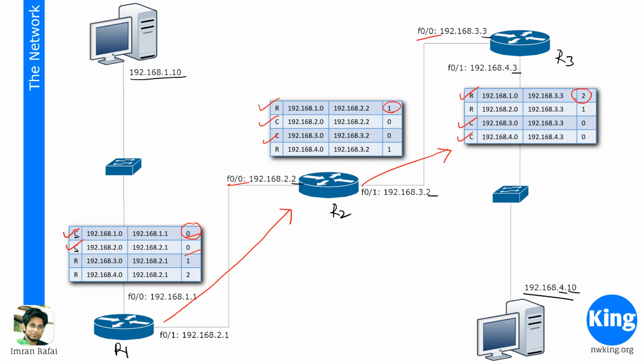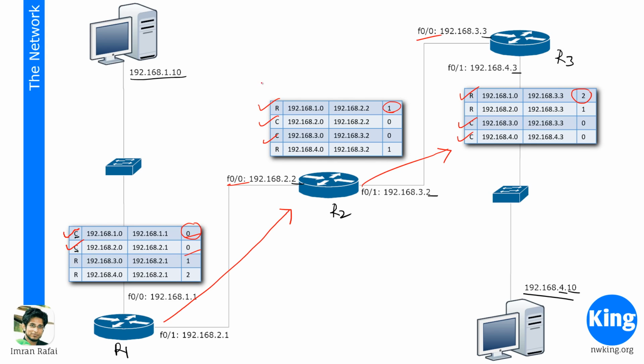To avoid looping or counting to infinity, RIP has a mechanism called split horizon. Split horizon just says this: do not send an update about a network or route on the interface through which you learned it. In this case, let's say router 2. Where did router 2 learn about 192.168.1.0?